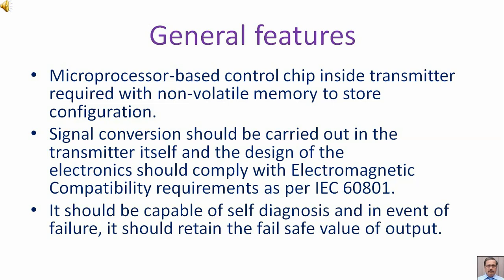Signal conversion should be carried out in the transmitter itself and the design of the electronics should comply with electromagnetic compatibility requirements as per IEC 60801. It should be capable of self-diagnosis and in event of failure, it should retain the fail-safe value of output.